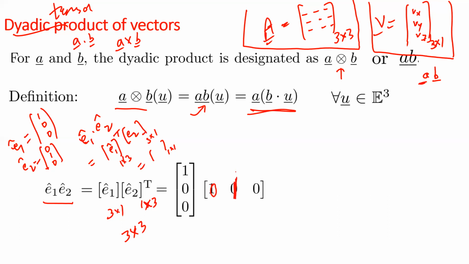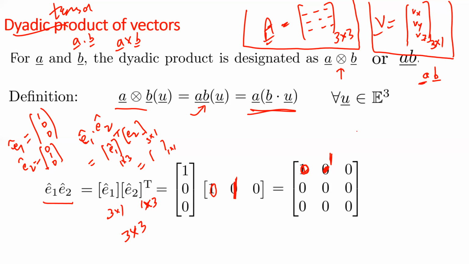It is 0, 1, 0, because we are doing it with E2 and not with E1. So 0, 1, 0, which means the matrix will get altered. Please do make these changes. 1 into 0 will be 0 and 1 into 1 will be 1. So this is the corresponding change. It will have 0, 1, 0, 0, 0, 0, 0, 0, 0. So this is the corresponding E1 E2.